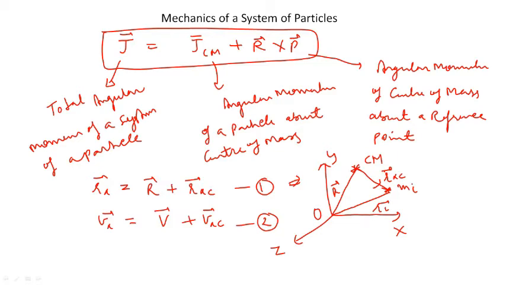Now the total angular momentum for a system of particles can be written as J is equal to sigma R_i cross P_i. Let us say it is equation number 3.